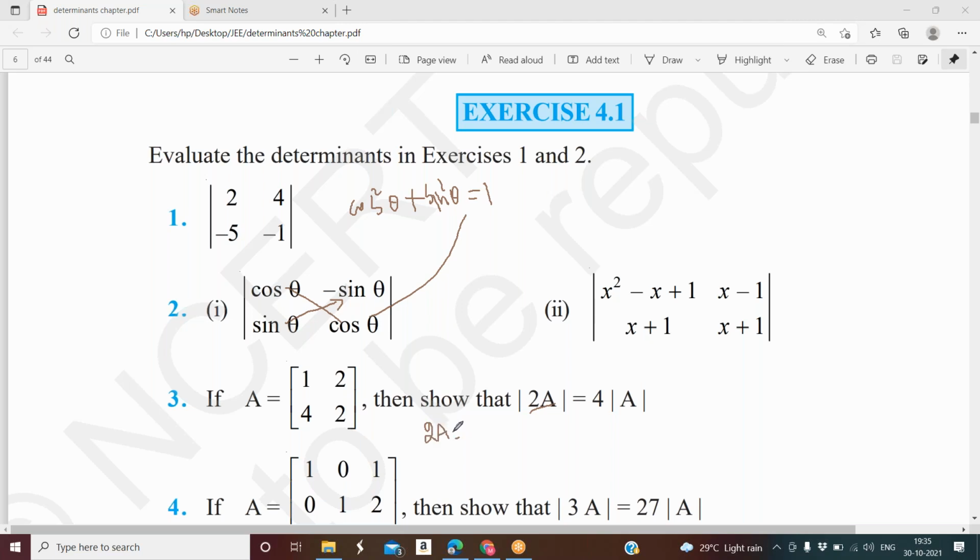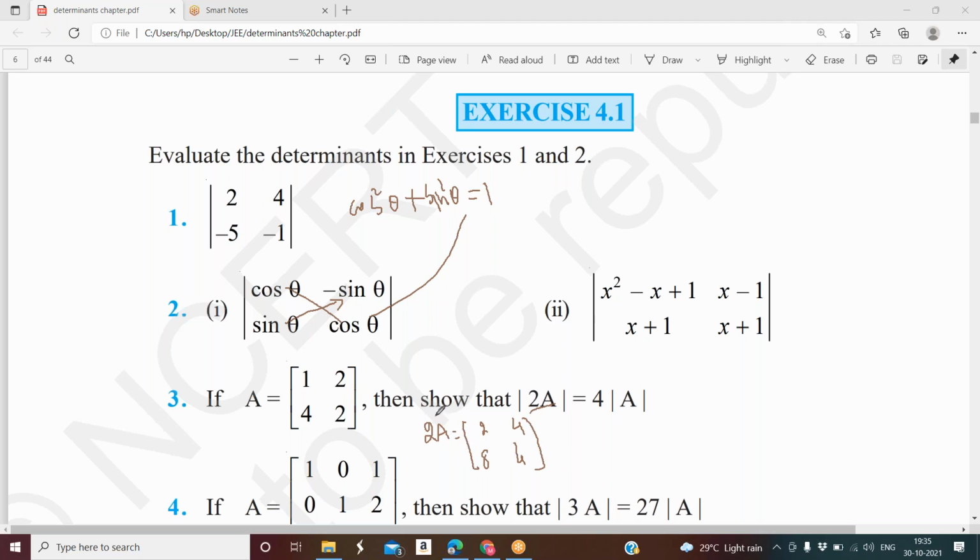First we find 2A. What is 2A? 2A is also a 2 by 2 matrix. So I'm going to multiply all the elements of A by 2. I'll get 2, 4 in the first row, then 4 into 2, 8, 2 into 2, 4. So this is the 2A matrix.